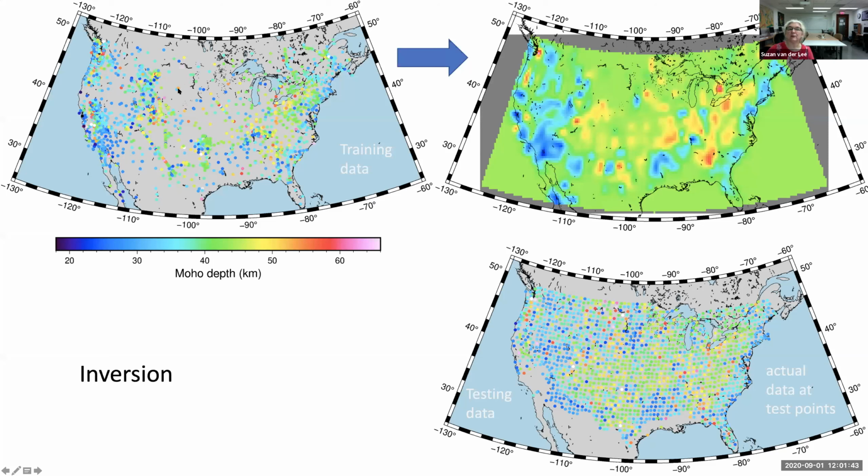If these two points have high uncertainties, they are going to weigh less than our prior knowledge that says that the Moho needs to be 40 kilometers right here. So it could be a combination of factors that makes this area green. It could be that it's dominated by prior knowledge, or that the average of these two points is simply green, or both. But my guess is that these have higher uncertainties.